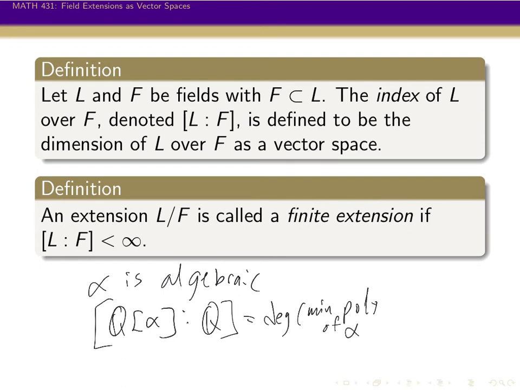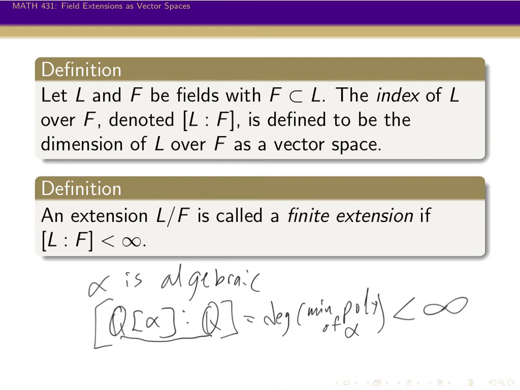And since this polynomial has finite degree, it can't be infinite. And so any simple algebraic extension is going to be finite. So if you're just adding one algebraic element onto Q, this is giving you an example of a finite extension.